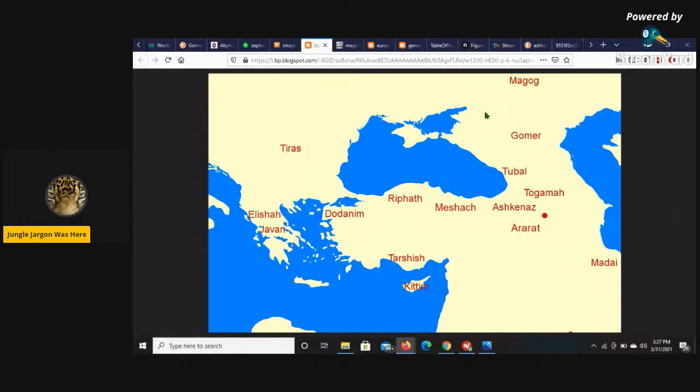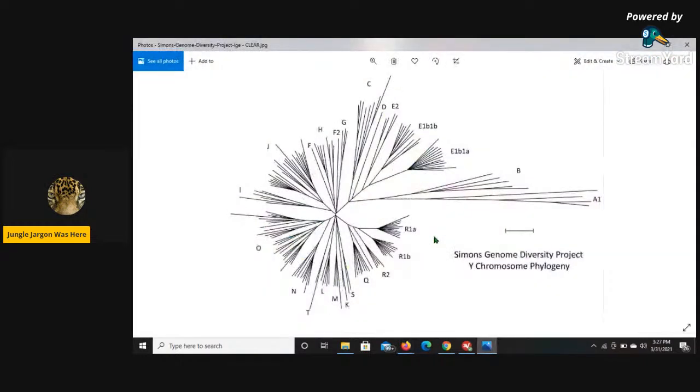The N is straight north, the O's are east, and it's the largest population in the world. So the other ones, Meshech, Tubal, Madai, and Tiras, will have to be one of these other peoples here.